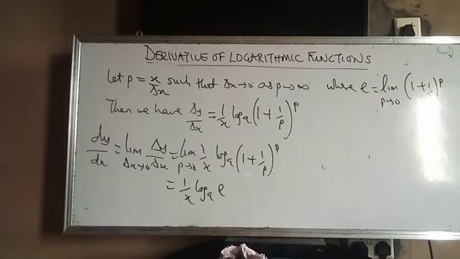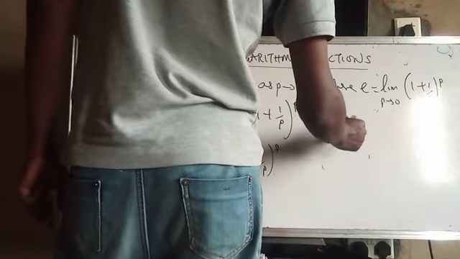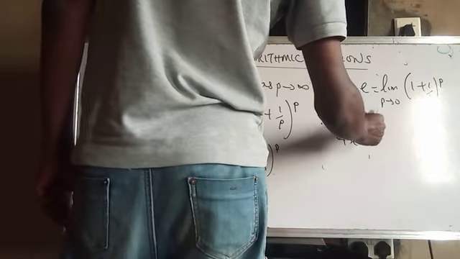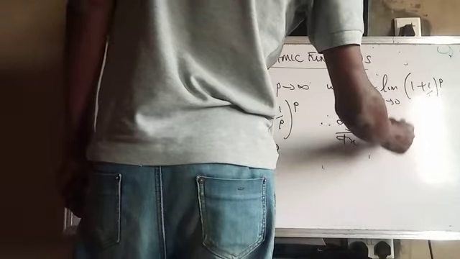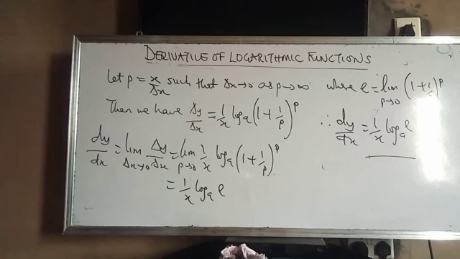Okay, that is how we got that. So in that case now, dy/dx is equal to 1 all over x log e base a. So that is that about that.